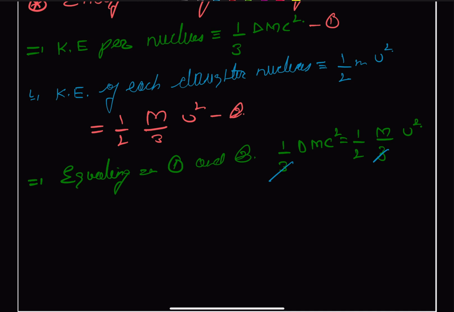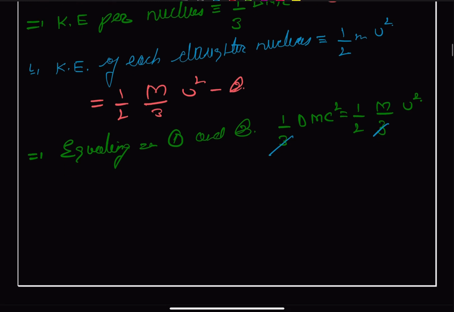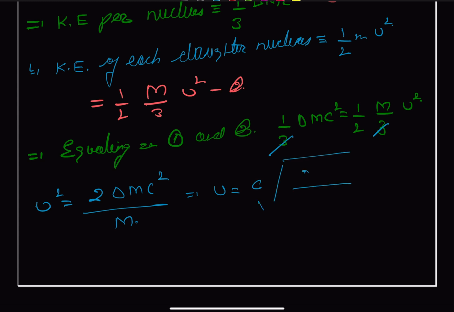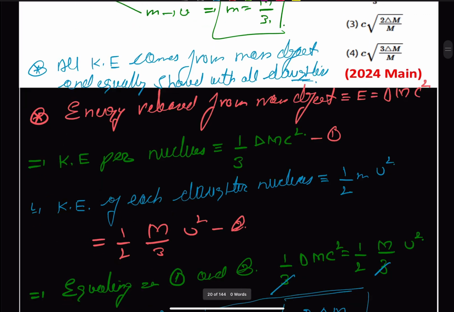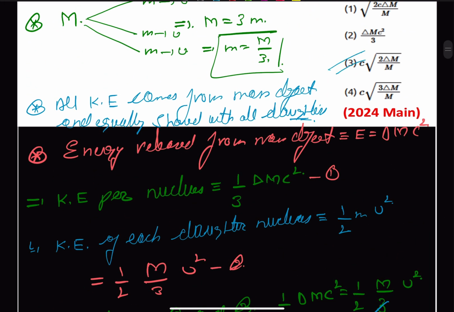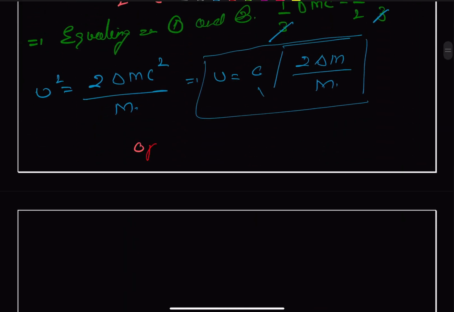Therefore v square will be equal to 2 delta m c square divided by capital M, or we can write velocity v is equal to c square root of twice delta m upon capital M. So we got the velocity in terms of the mass defect, and option 3 is correct. Next question.